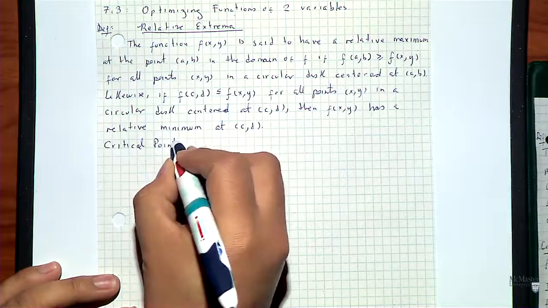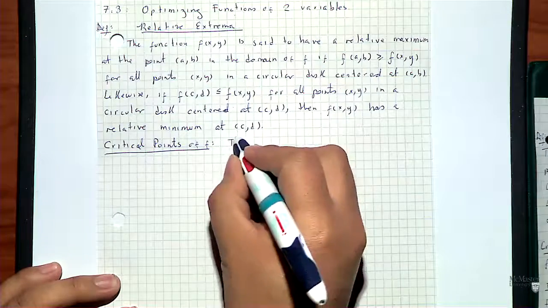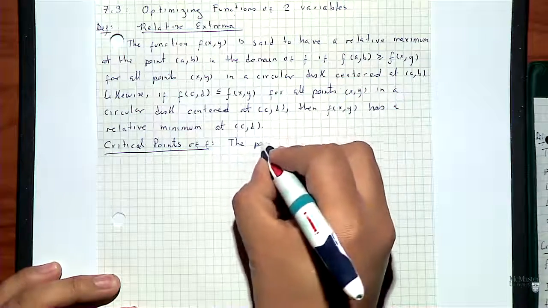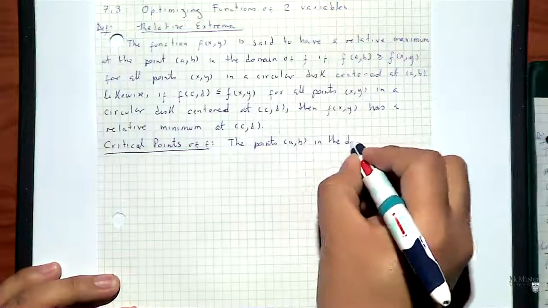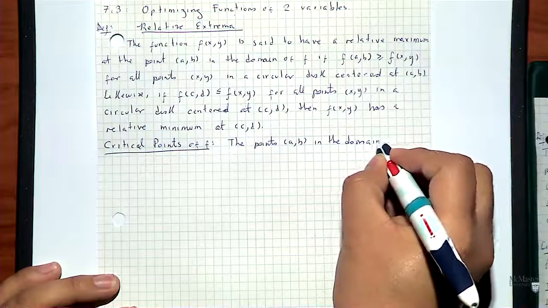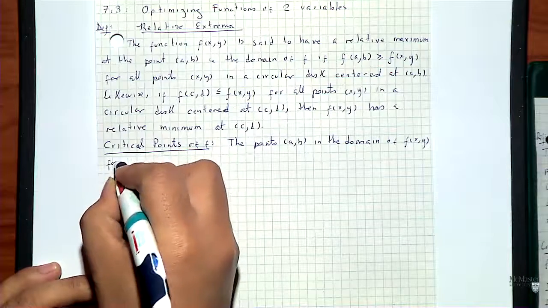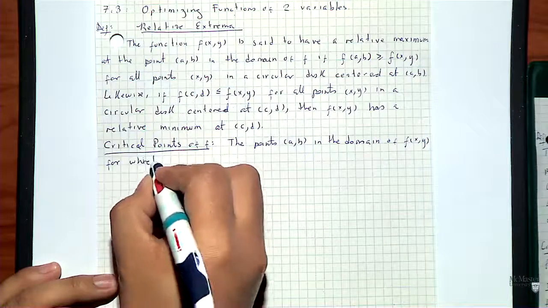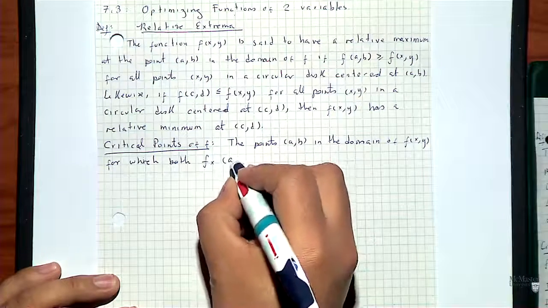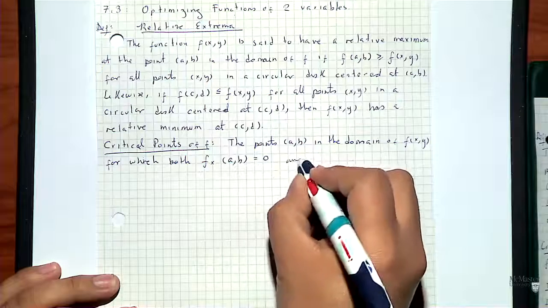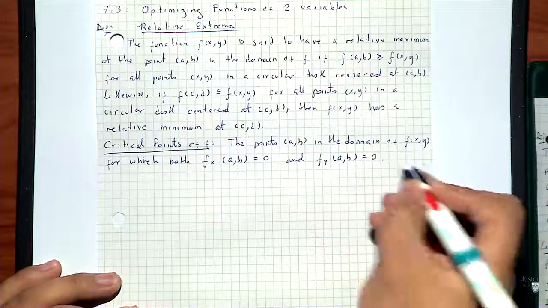So if we want to define what is a critical point of the function f, we talk about the points a comma b in the domain of the function of two variables f of x y, for which both the partial with respect to x of f at that point is equal to 0, and the partial with respect to y at that point is equal to 0.